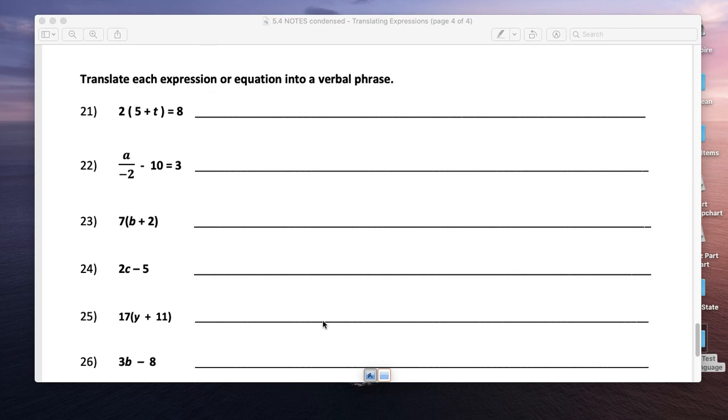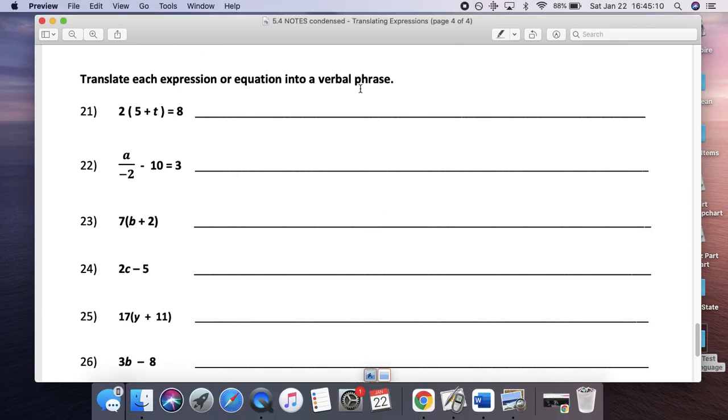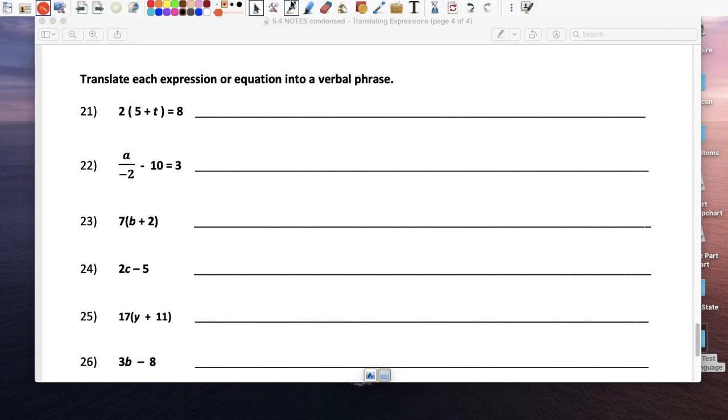So we can say here, twice or 2 times. So let's just use twice. Twice, 2 times what? Who are we multiplying? Twice the sum, right? The sum of 5 and t is 8.